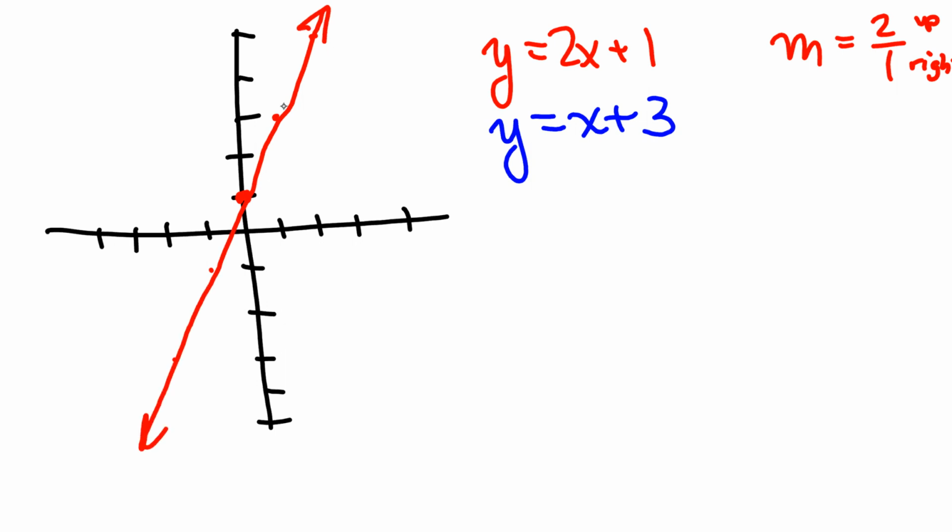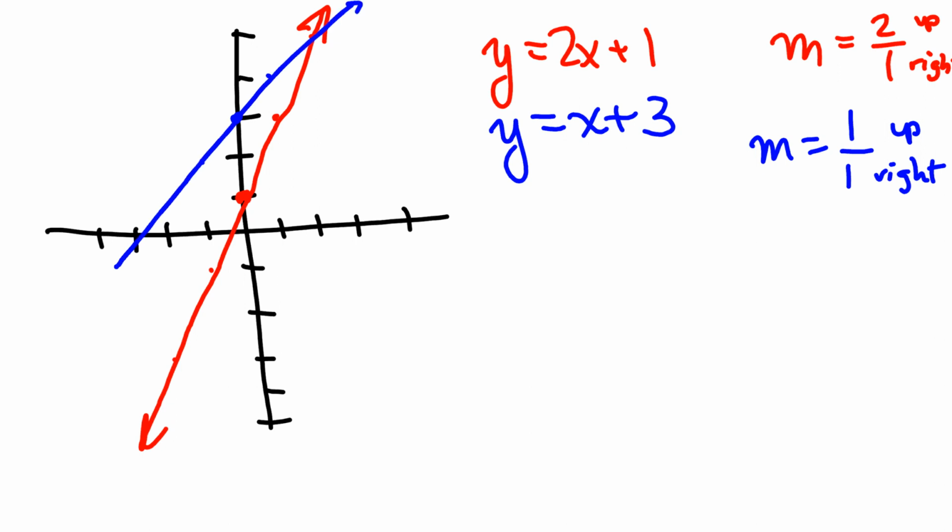The blue line has a y-intercept of 3, 1, 2, 3, and the blue line has a slope of 1. That's up 1, right 1, or down 1, left 1. It really doesn't matter.